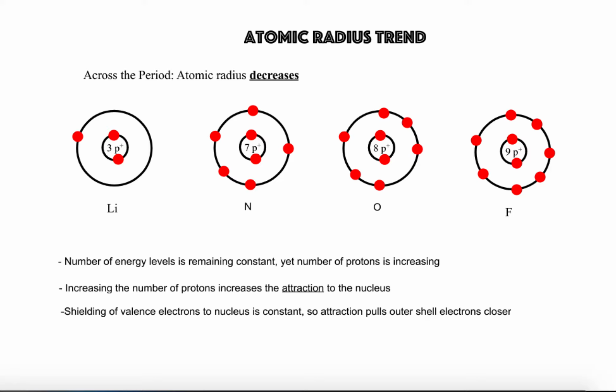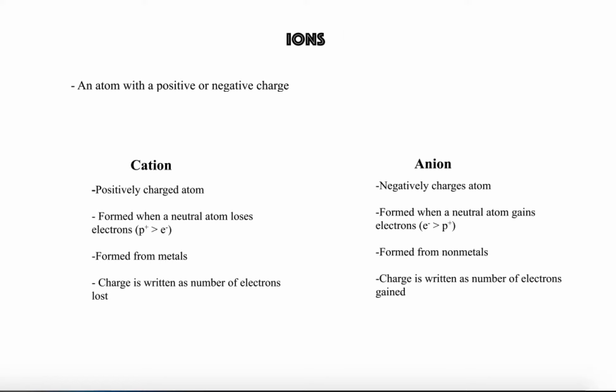Now, before we get to our next term, we have to first discuss ions. Ions are defined as an atom with a positive or negative charge to them. We have two types of ions, the cation and the anion. The cation is positively charged. They're formed when a neutral atom loses electrons. Essentially, the number of protons is then greater than the number of electrons, so you're going to have a positive charge overall.